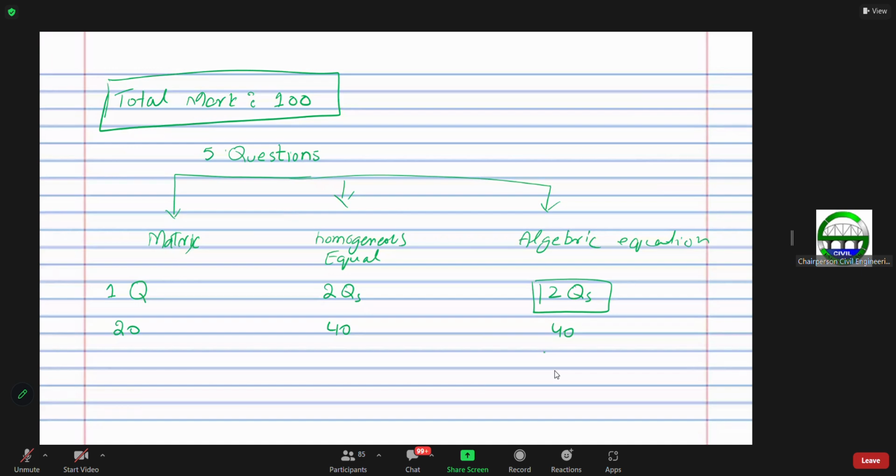This will be your pattern. It might have A and B parts. So the pattern will be like this.